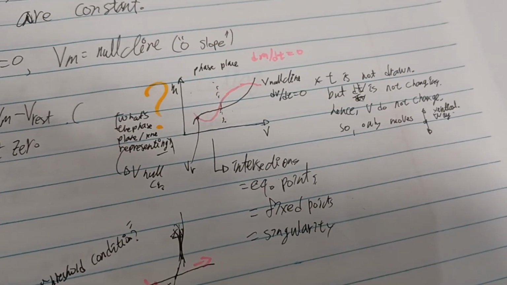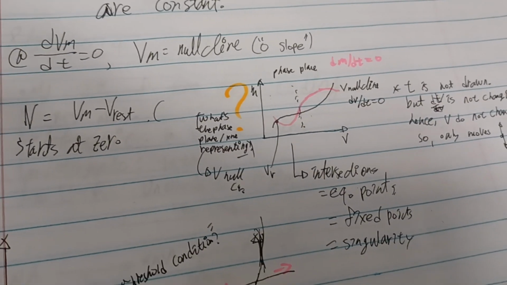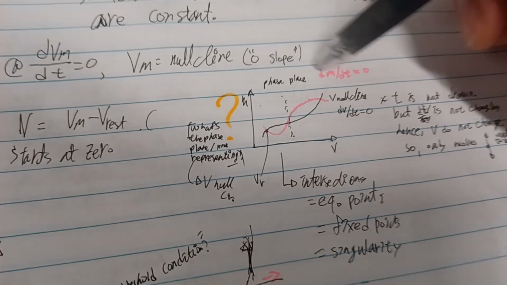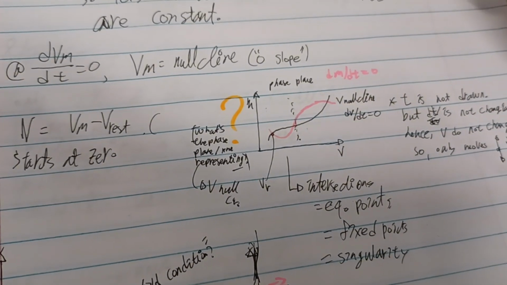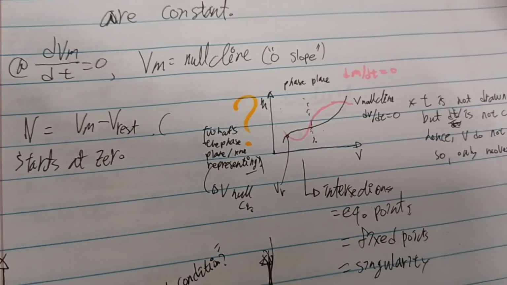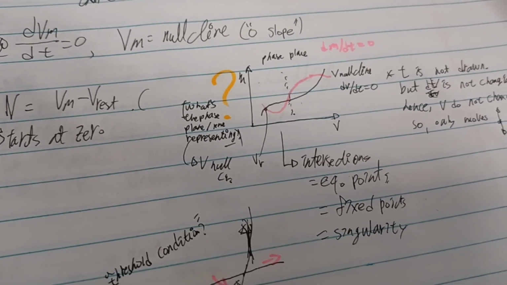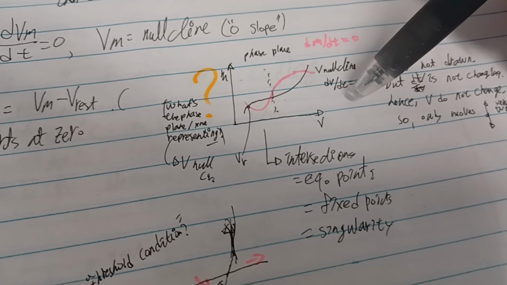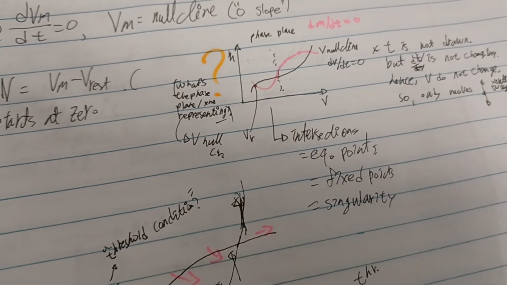And that's what it indicates. And we can also do similar things with M. So now that dm over dt is equal to 0, we can get a different curve on this phase plane. And these intersections between these two curves are the equilibrium points, or fixed points, or singularities.